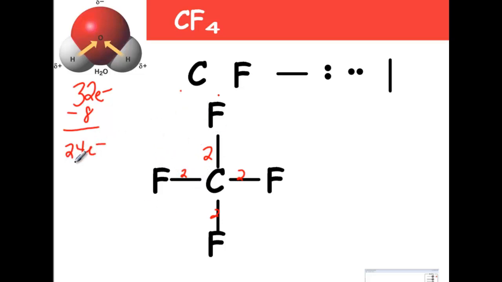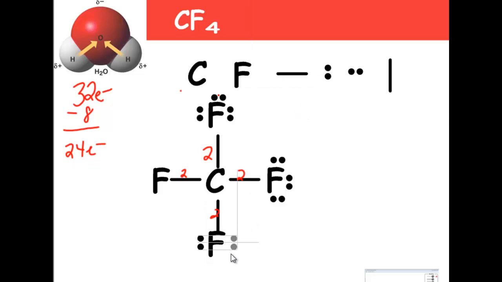So I'm going to use the electrons in my bank to give everybody 8 electrons. So 2, 4, 6, plus a 2 in the bond, that fluorine's happy. This fluorine has 2, 4, 6 in the electron cloud, plus 2 more in the bond, so that's a grand total of 8 in that cloud.